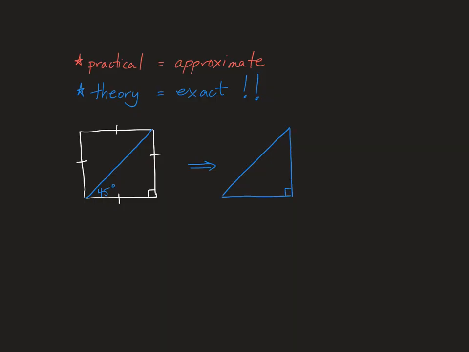It's a right triangle, and we know that there's a 45 degree angle. That's also going to make the other angle 45 degrees as well. The last property we want to emphasize is that since that was the diagonal of a square, the two shorter side lengths are equal.